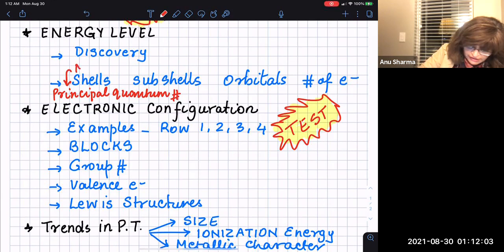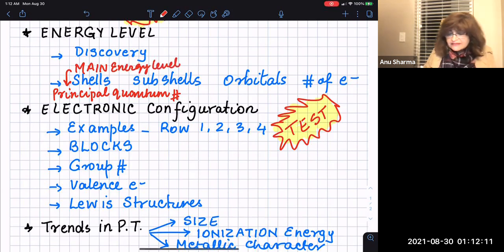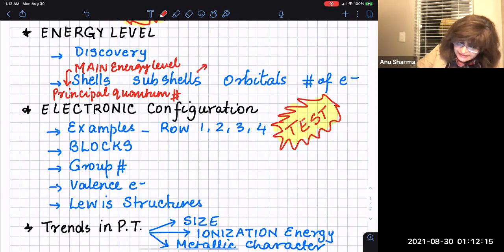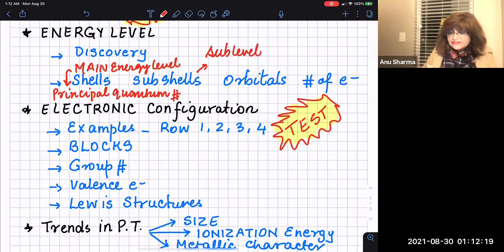And this is also called a main energy level. For the subshells, sometimes they use the word sublevels, and it doesn't matter. It just means it's a part of that bigger energy level. So that thing, orbitals and the number of electrons, those things we will cover.